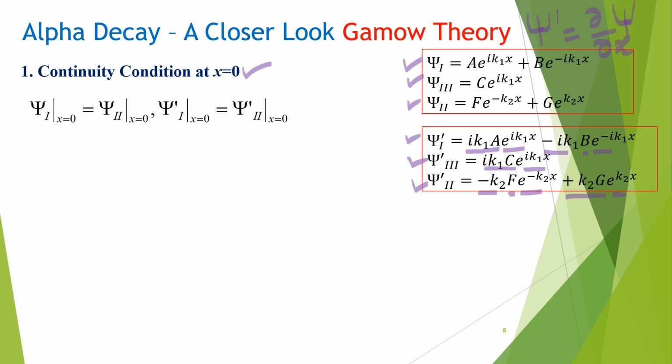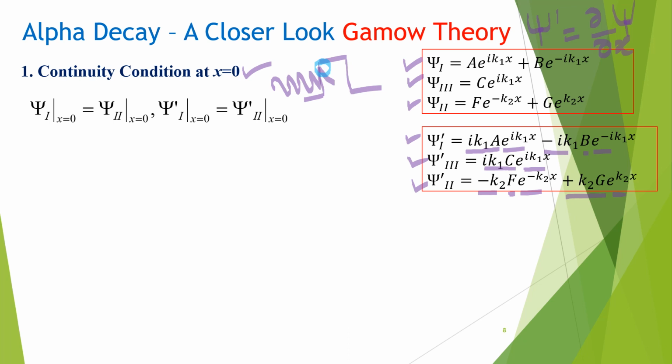Now I want to explore this as the continuity condition at x equal to 0, to match the wave equations at the boundary between region 1 and 2. So this was the kind of potential that we have discussed, and the wave is arriving here and entering this point. Now I want to make it very clear that at this point our equation should be continuous.